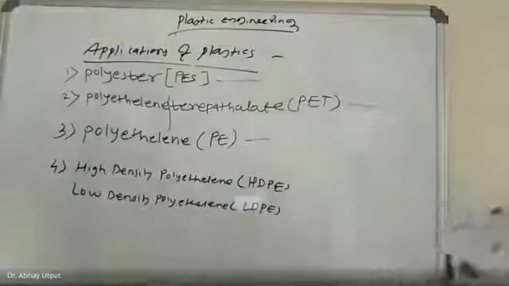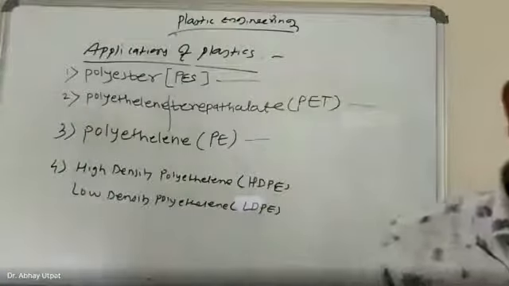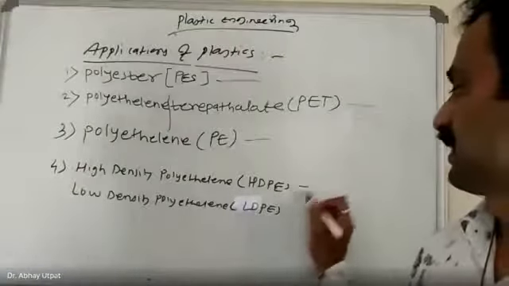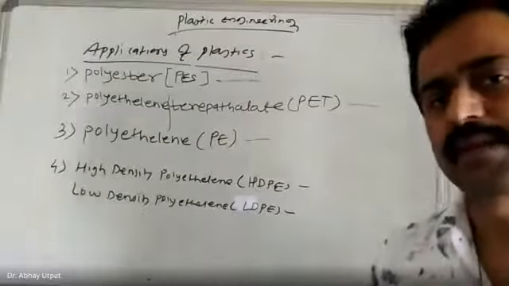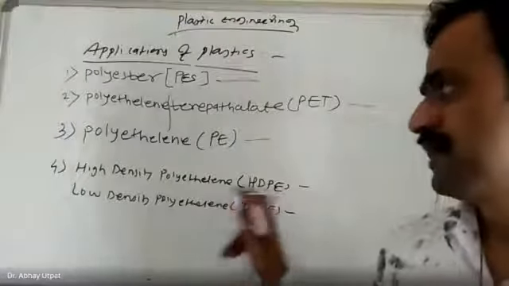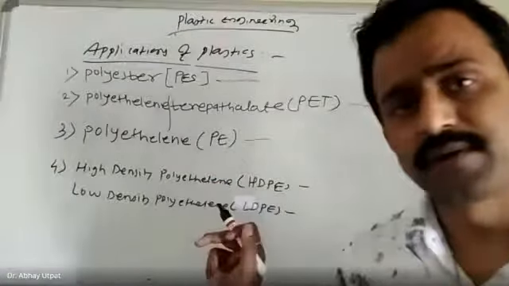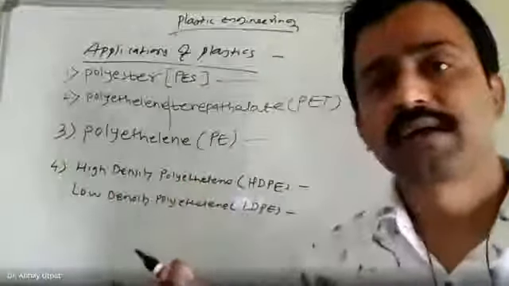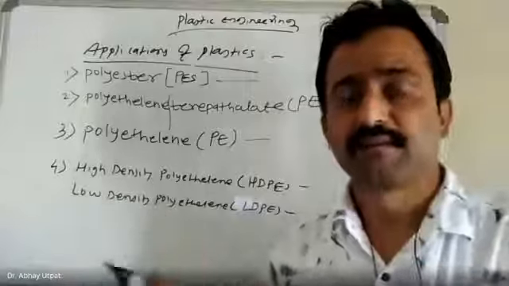These are used for making molded plastic cases and detergent bottles. Detergent bottles, Harpics and other bottles, they are made up of this. As per my knowledge, I have heard from industry people, this HDPE is also used for pipes, drainage pipes.